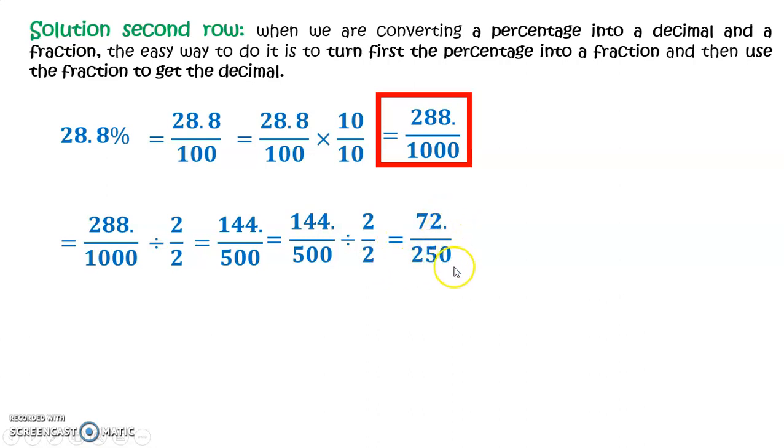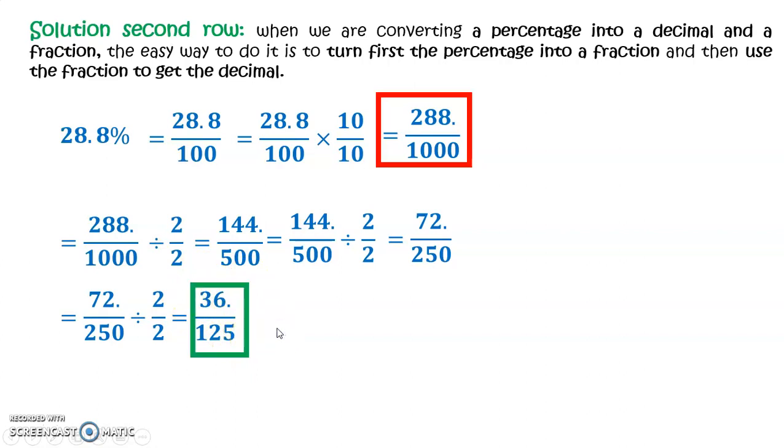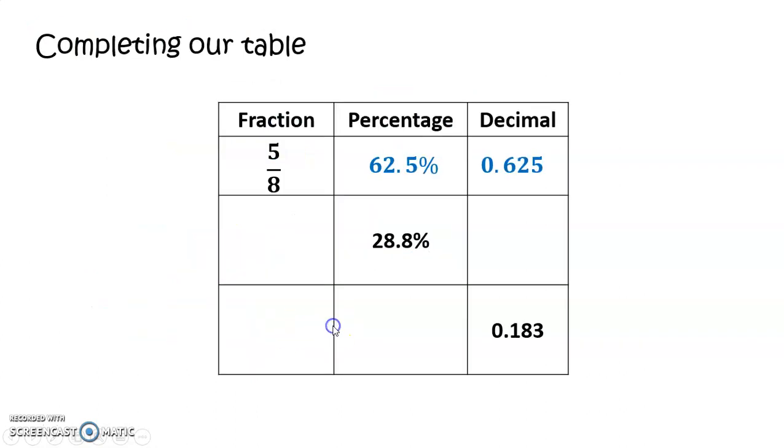And both numbers are even again, so we simplify it again, and we get that this is 36 over 125. In this case, both numbers don't have a common divisor. We cannot simplify this fraction further, so we get to the first answer. And 28.8% means 36 over 125.